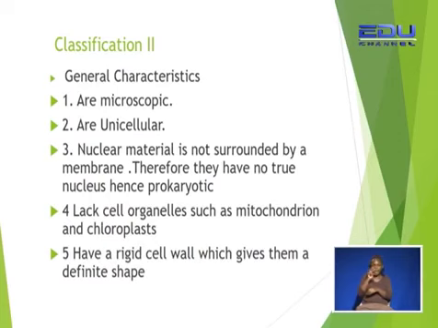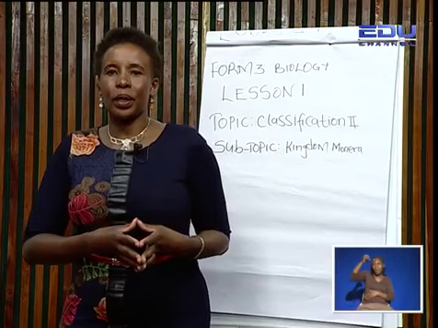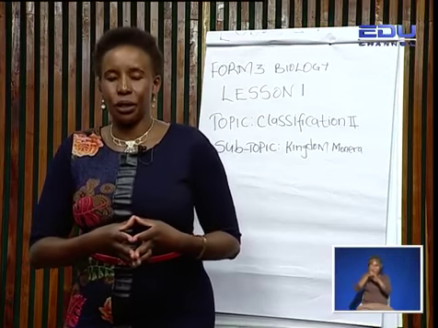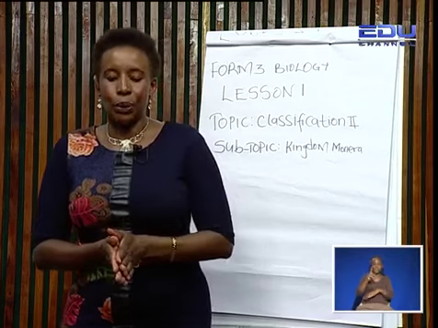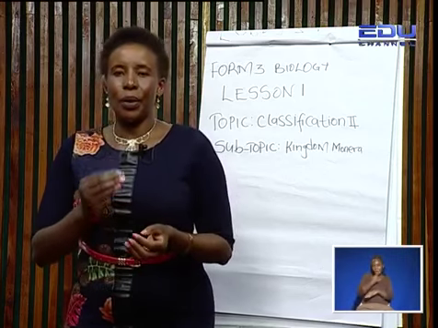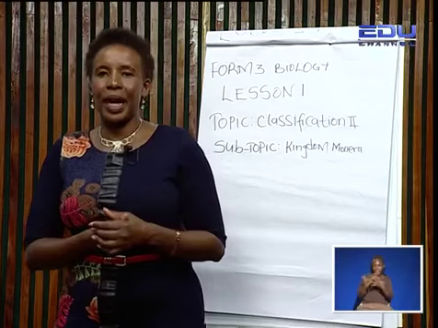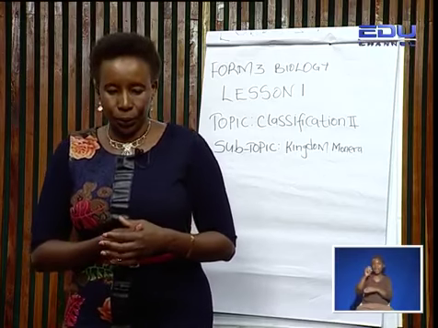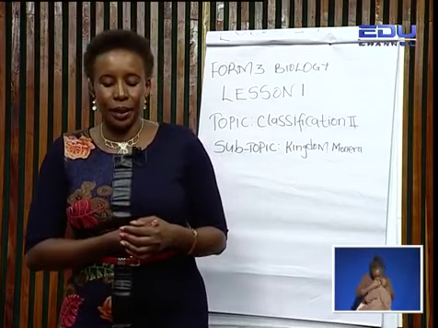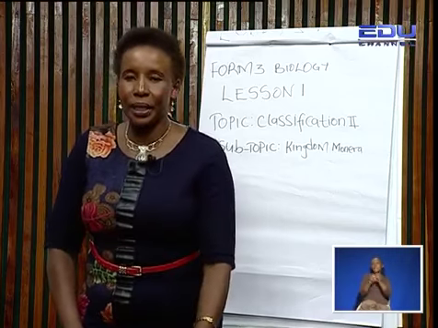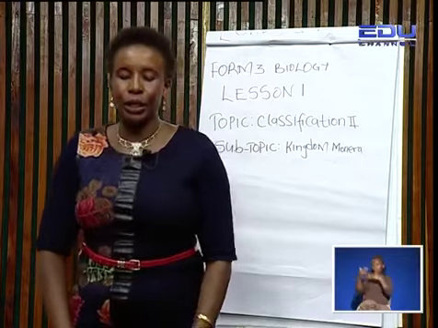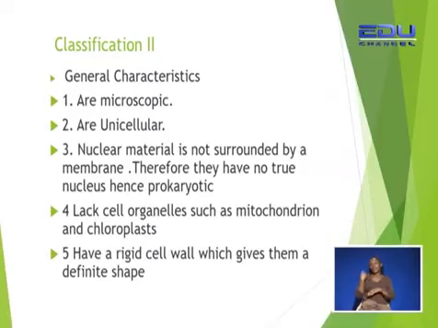Student, I know you are conversant with a light microscope, which has a low resolution, and therefore when we are studying this organism, we can only see more features by the use of an electron microscope. So these organisms are microscopic in that they cannot be seen with our naked eyes. Number 2, they are unicellular.